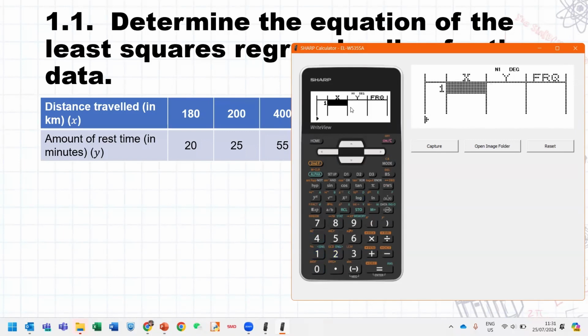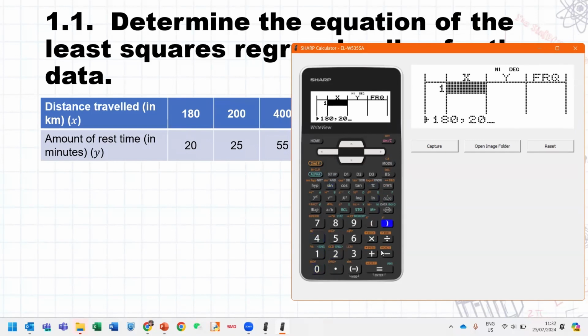Now here you've got x and y, and we're just going to type in the data. My x is 180, and I like to do it in pairs, because then I know I've matched the correct coordinates with each other and I'm not making a mistake somewhere and messing up all my data.